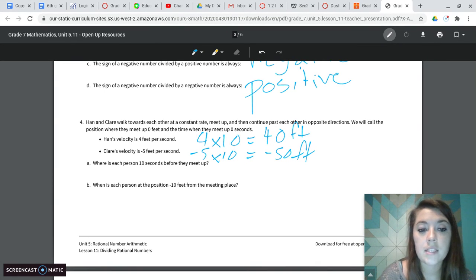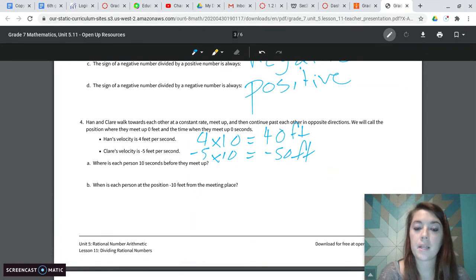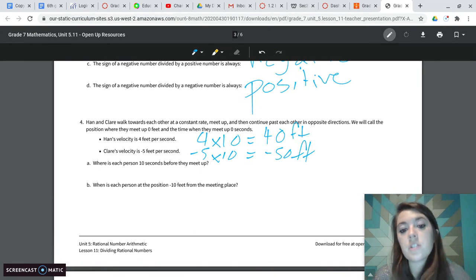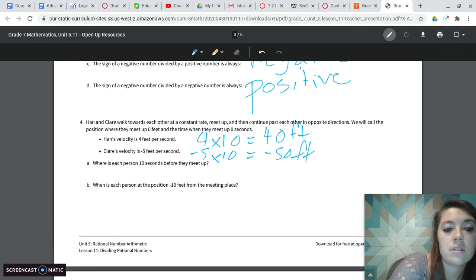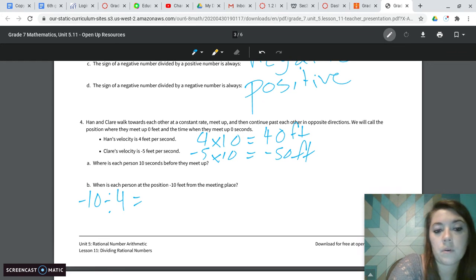For B, when is each person at the position negative 10 feet from the meeting place? So that first one was multiplication, but this one we're looking at division because we want to know when they're at 10 feet. So we're going to take the negative 10 and we're going to divide. So negative 10 divided by 4 equals negative 2.5, and negative 10 divided by negative 5 equals 2.